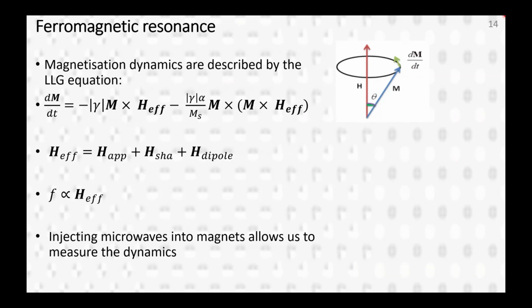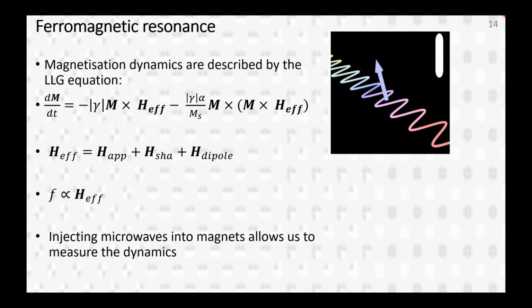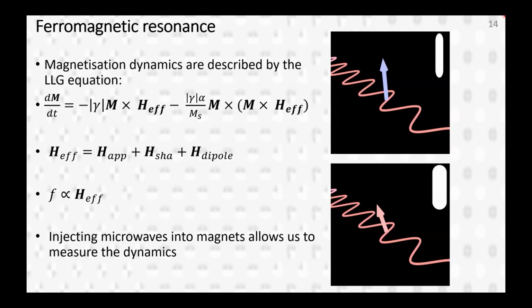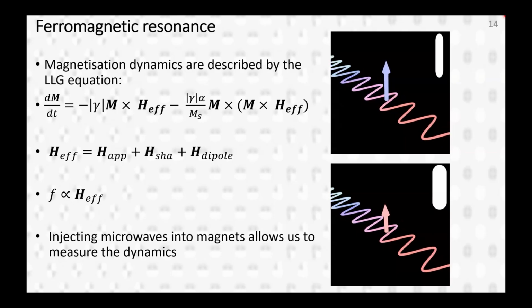So by injecting microwaves into magnets, we can measure the dynamics. For example, if we have a very thin magnet, it'll have a high frequency, so you'll see that this one will resonate at a high frequency. And then we have the wide magnet, which will resonate at a lower frequency.